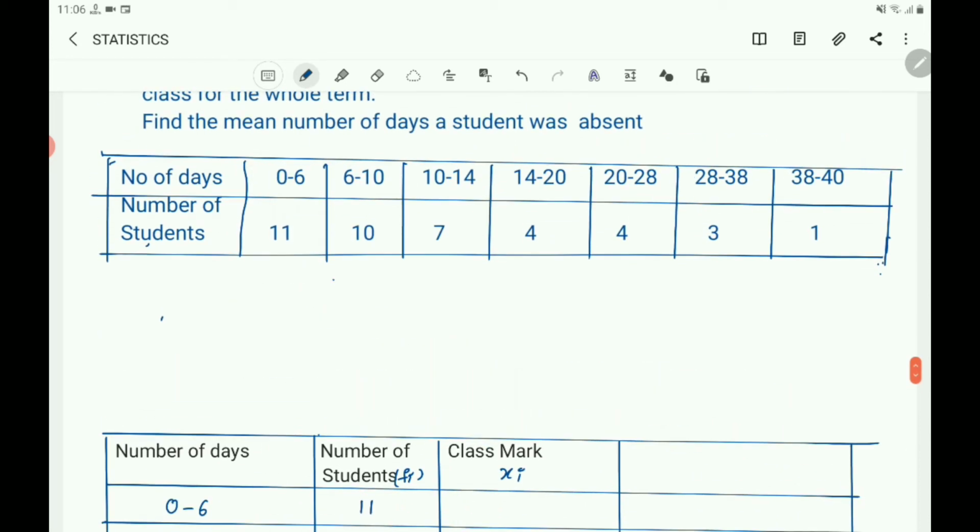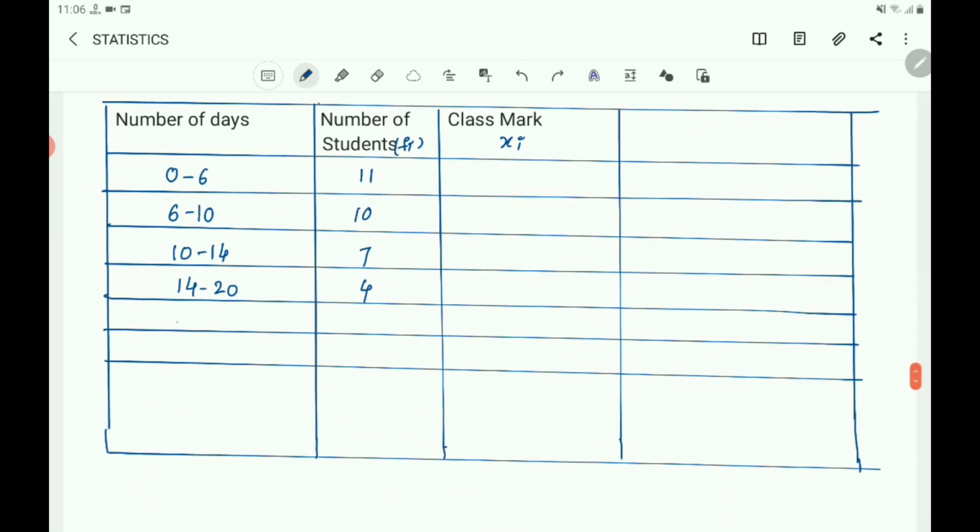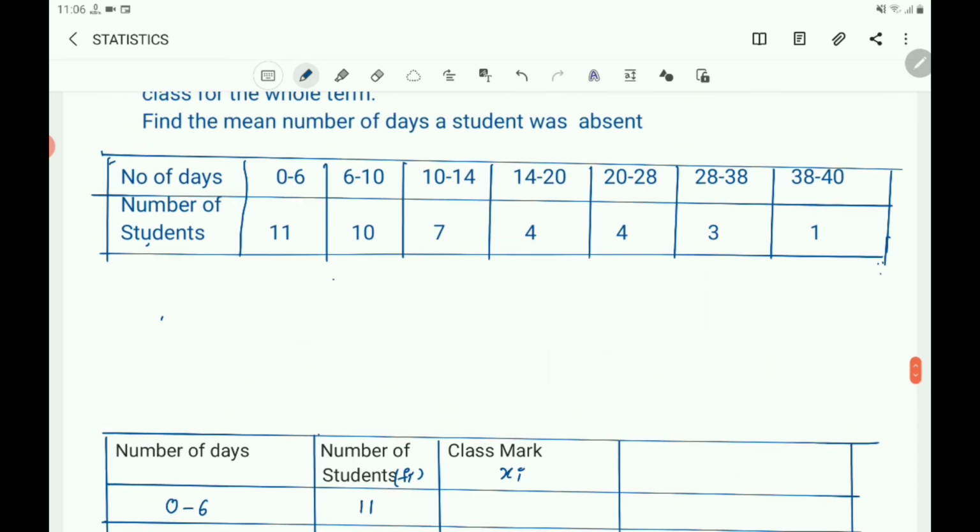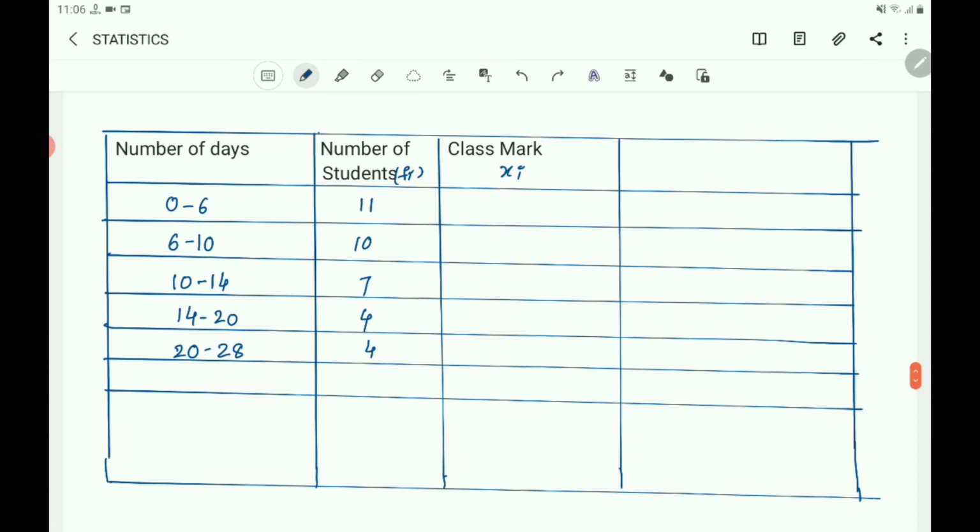And 20 to 28, 4 students. And 28 to 38, 3 students.